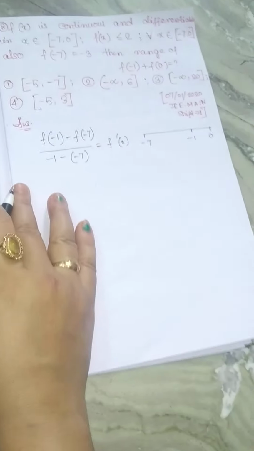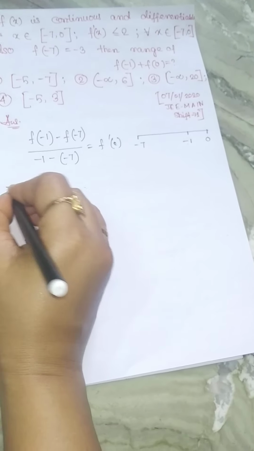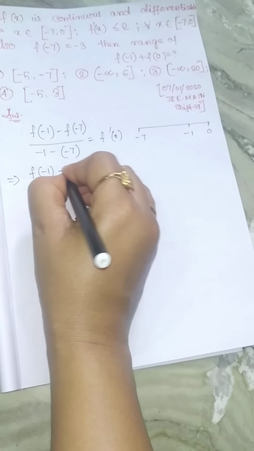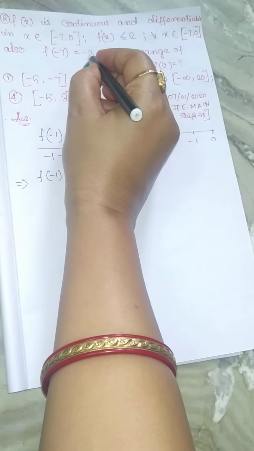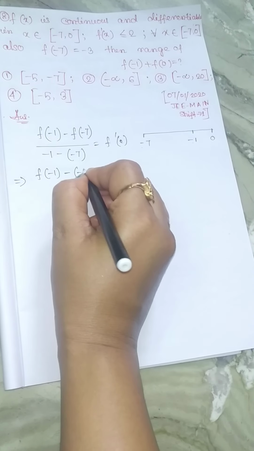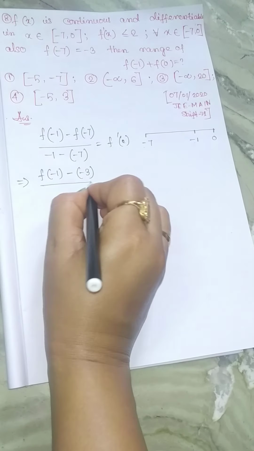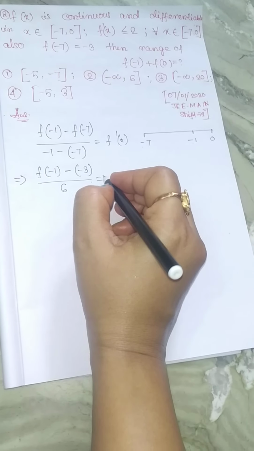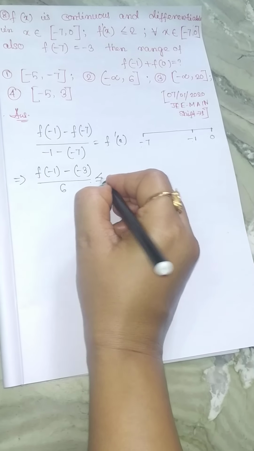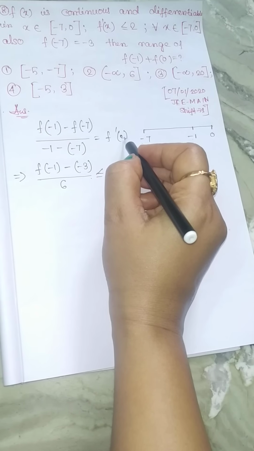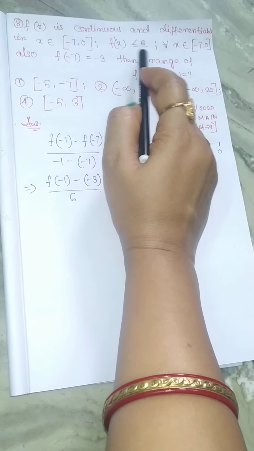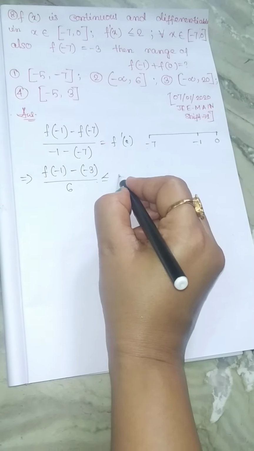From the statement of the theorem, f(-1) minus f(-7), with f(-7) equal to -3 given, so this is -3 and it is 6, and that is less than or equal to f'(c). f'(x) is less than or equal to 2 as given. So it is 2.